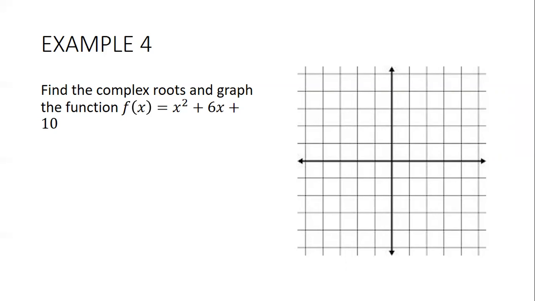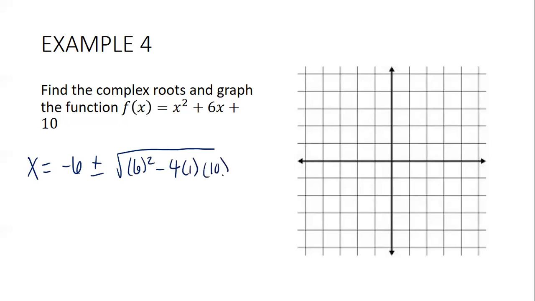No, there isn't. So therefore, we go to the quadratic formula. That's x equals negative b plus or minus the square root of b squared minus 4ac, divided by 2a. Notice how I plugged all that in. Now we're going to solve it.